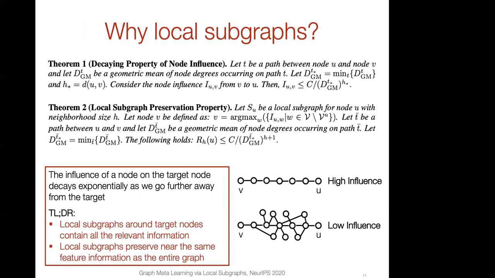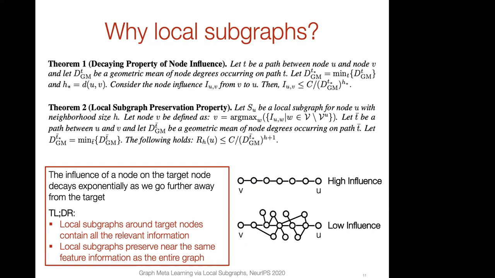So why this idea of using local subgraphs? Not only is it theoretically well-grounded, because what we can show is that the influence of a node and its particular label on the target node that we want to make a prediction for and whose label is unknown, the influence of other nodes decays as we go further away from the target node.